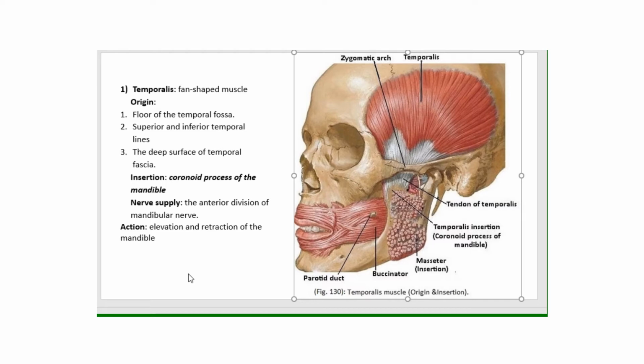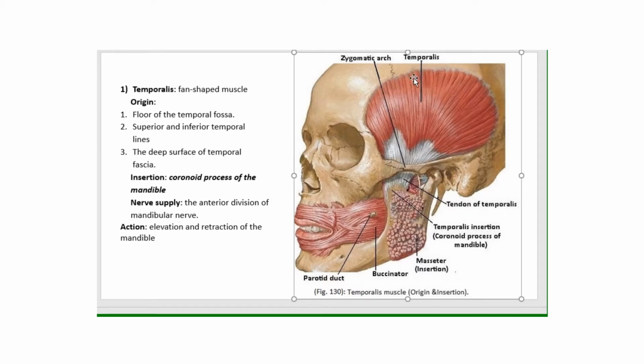The temporalis takes origin from the floor of the temporal fossa. This is the floor of the temporal fossa, and the superior and inferior temporal lines. These are two lines overlying each other, superior and inferior.